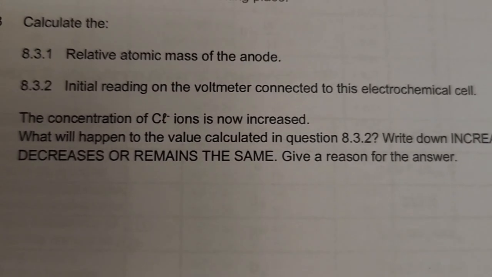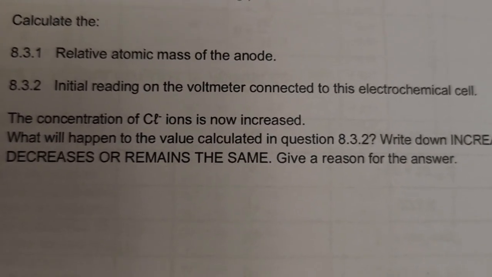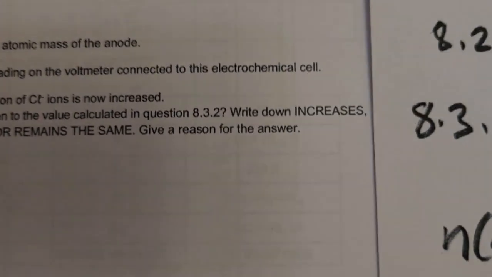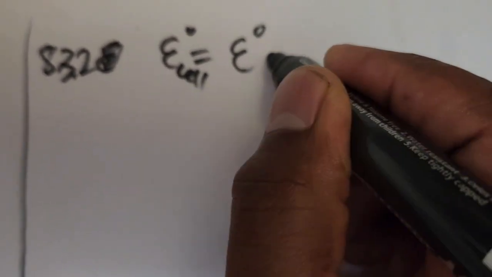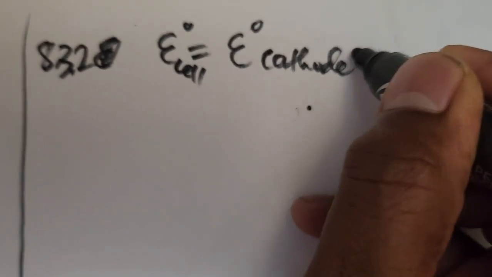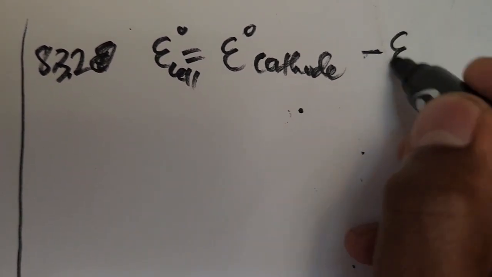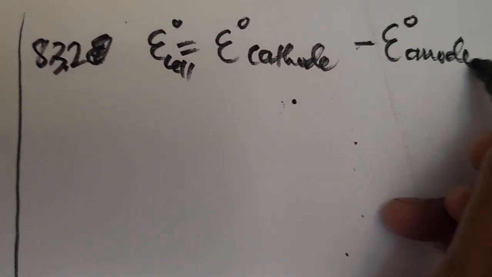No problem. Let's go to the next one. 8.3.2. They say calculate the initial reading on the voltmeter connected to the electrochemical cell. Now we have to find the EMF. So already we know that X is magnesium. Therefore, we can calculate the EMF. The EMF of the cell will be the electrode potential of the cathode minus the electrode potential of the anode.